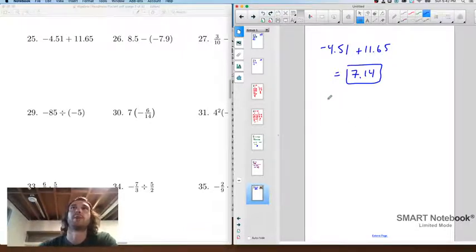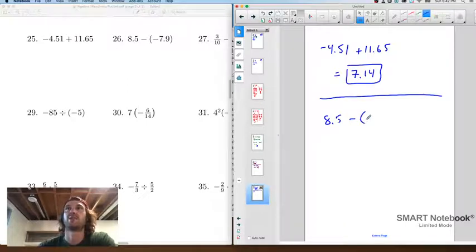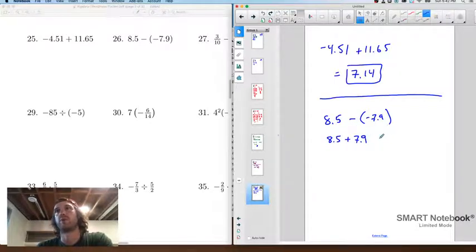All right, let's keep on cruising. 8.5 minus negative 7.9. All right, we're getting there. Not simplified, we have a double negative, so I'm going to change that. And in this scenario, you have a group of good guys that runs into a group of good guys. So we're going to do 5 plus 9 here for the decimals.